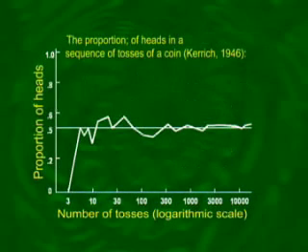The behavior of the proportion of heads throughout the experiment is shown in the figure that you now see on the screen. The x-axis represents the number of tosses that were carried out, whereas the y-axis represents the proportion of heads that we obtained for various numbers of tosses.